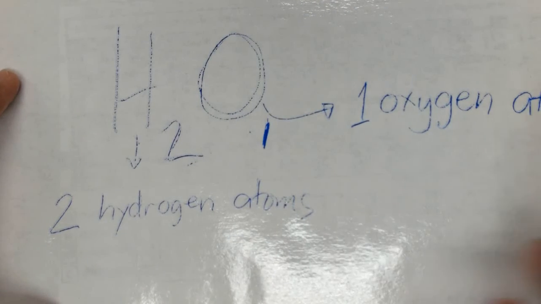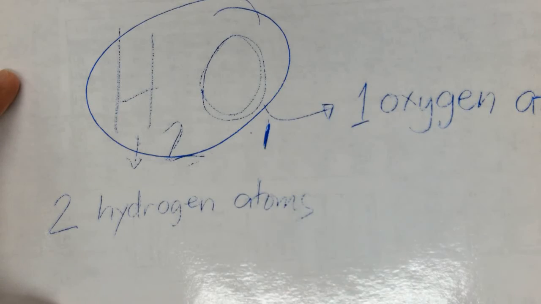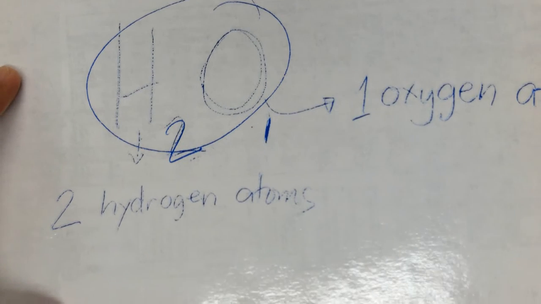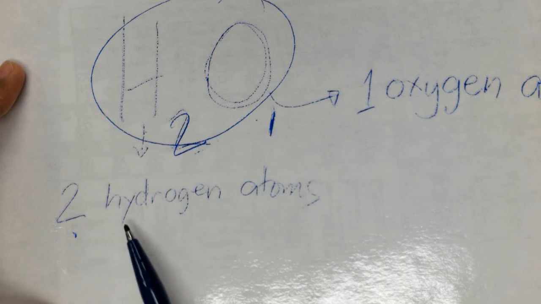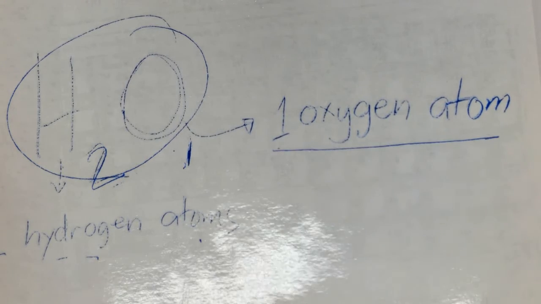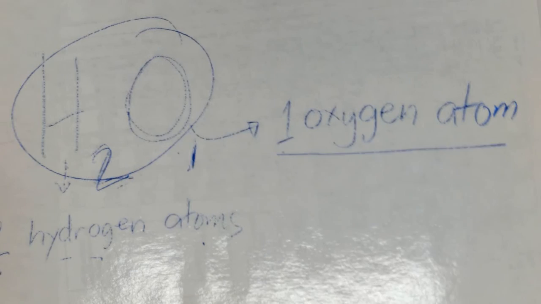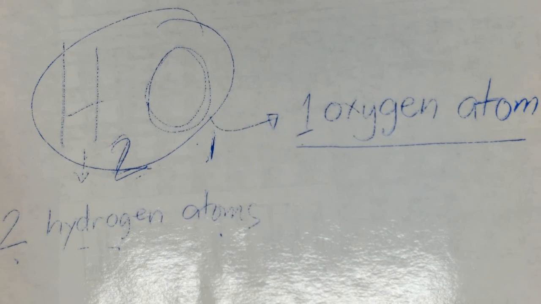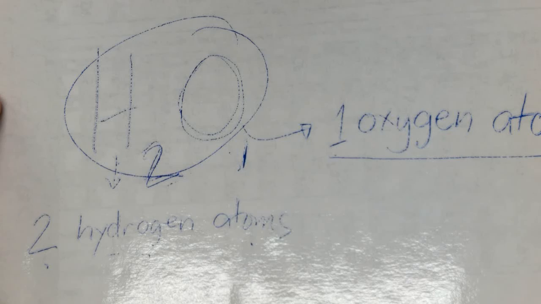So to analyze your H2O chemical formula, you're going to say that you have 2 hydrogen atoms and 1 oxygen atom. And that's how you interpret a chemical formula.